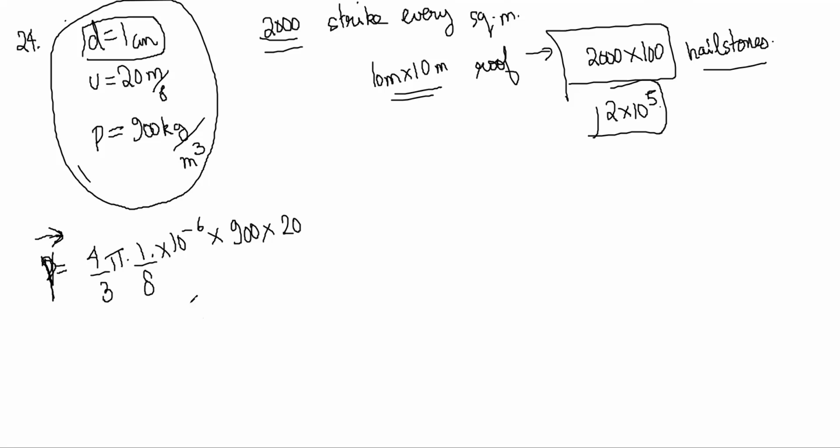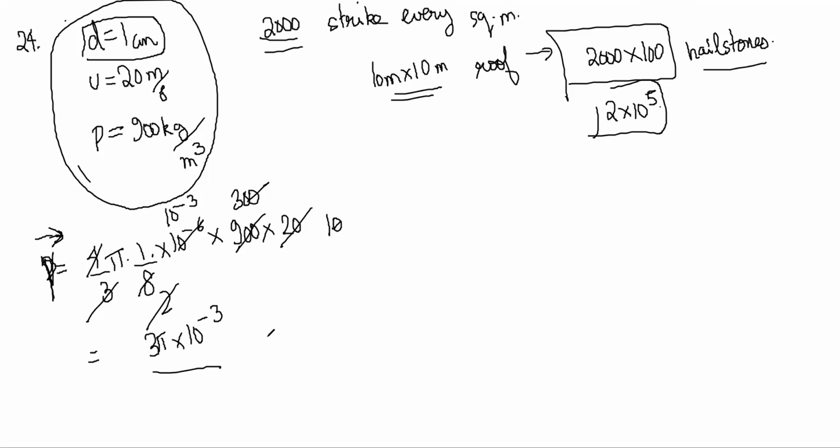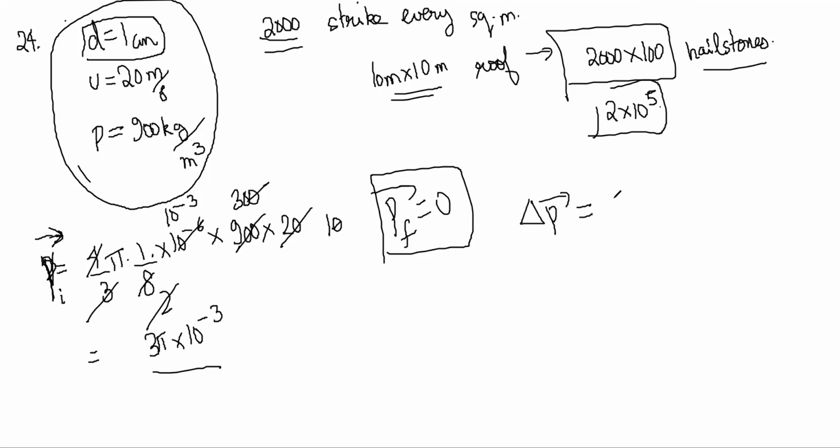You get 3 pi into 10 power minus 3 as the momentum due to one hailstone. This is initial momentum, final momentum is 0, since they do not rebound. So change in momentum is 3 pi into 10 power minus 3 due to each of them.